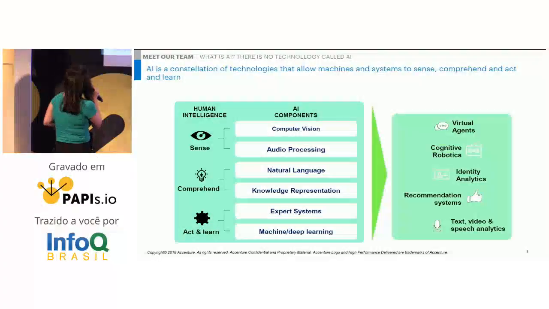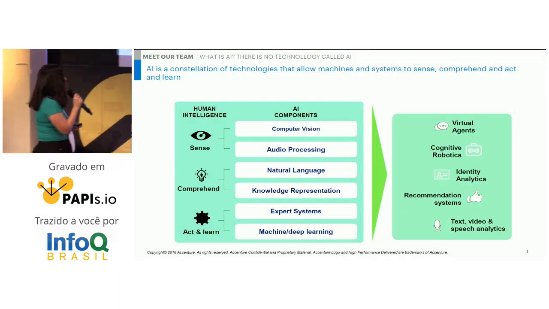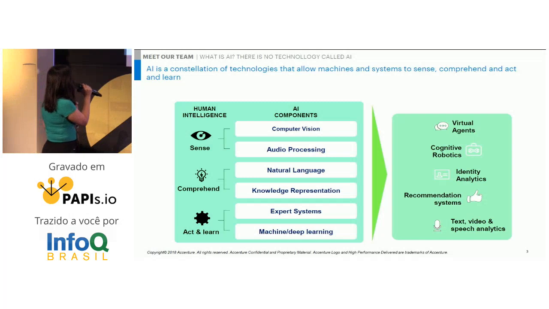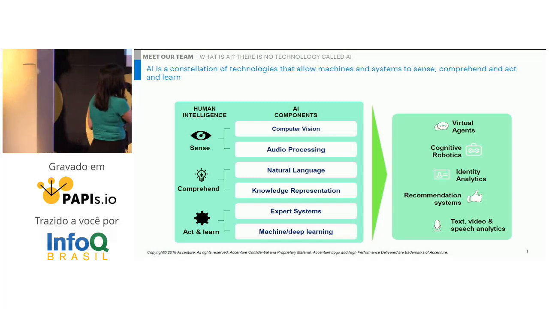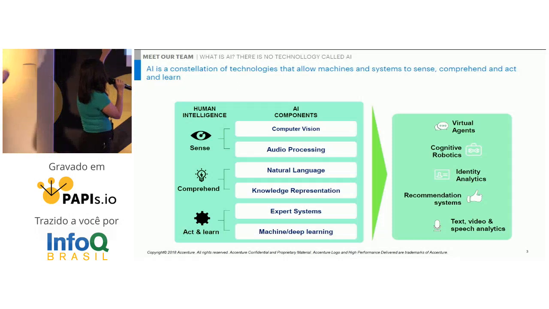So, what is AI? There is no technology called AI. AI is a constellation of technologies that allow machines and systems to sense, comprehend, act and learn. So you can see the traits of human intelligence: sense, comprehend, act and learn.